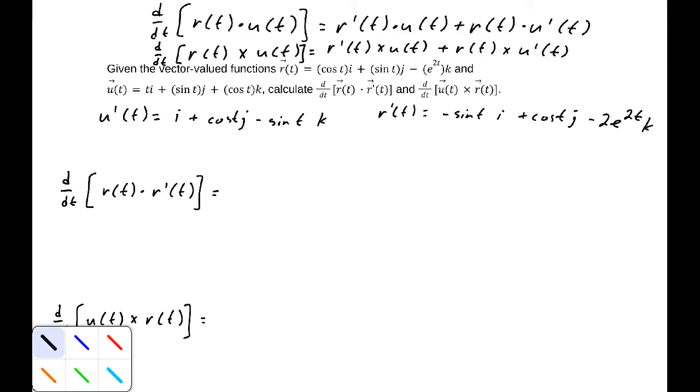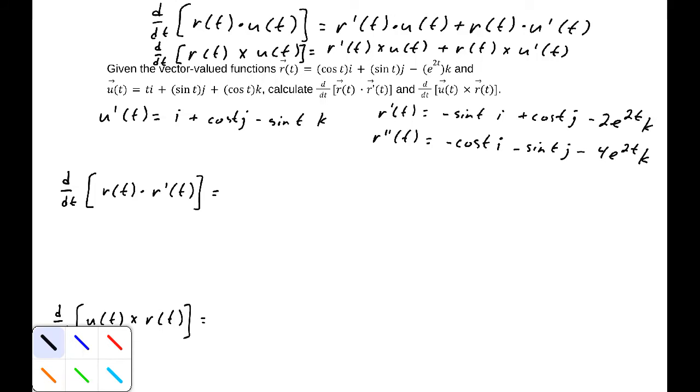And then r double prime, the second derivative of r, would be equal to minus cosine t i minus sine t j minus 4e to the 2t k.